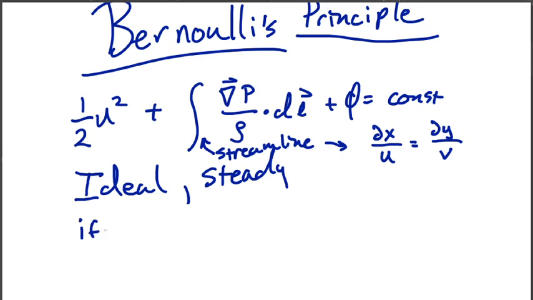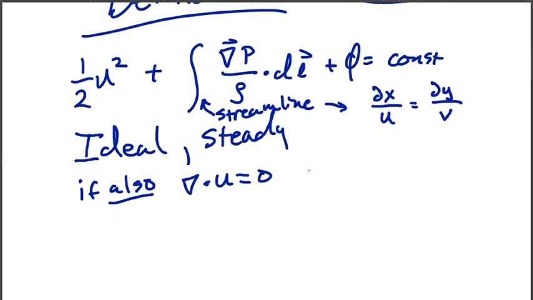So if the divergence of u is 0, so that we are an incompressible system, and the density is constant, that's the real requirement there. It's that the density is constant. Then if the density is constant, the density can come out of this path integral.